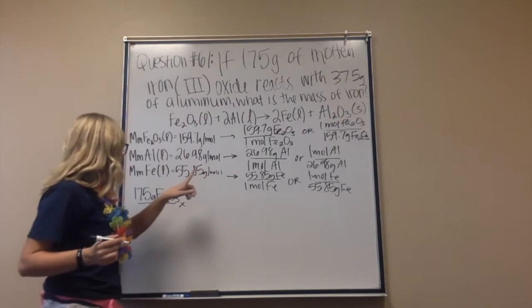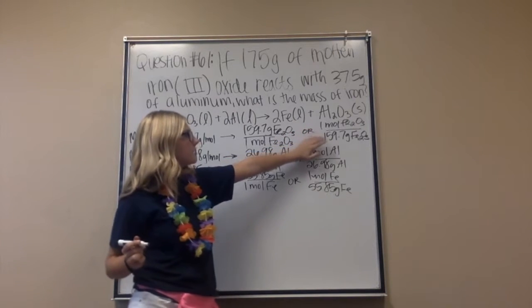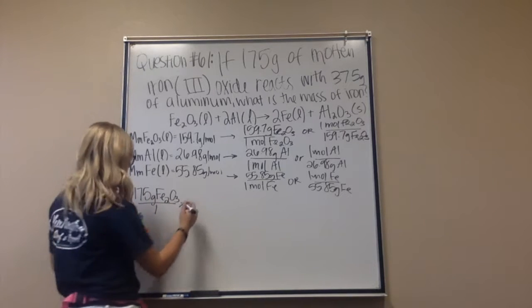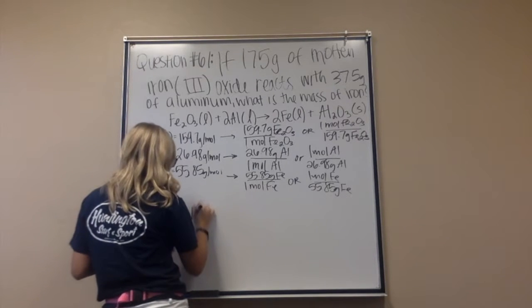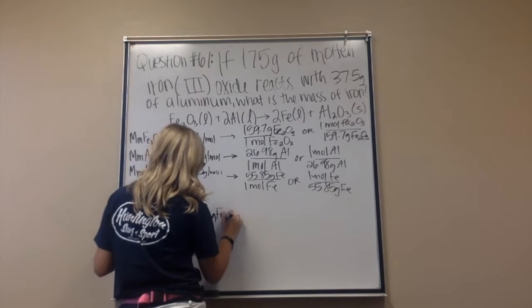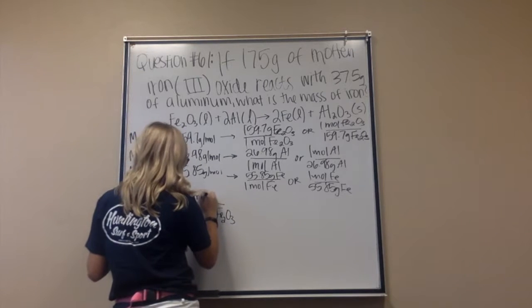We use the conversion factor that has the grams at the bottom so that the units cancel out: 159.7 grams of Fe2O3 over 1 mole of Fe2O3.